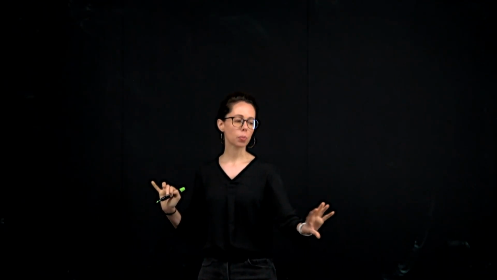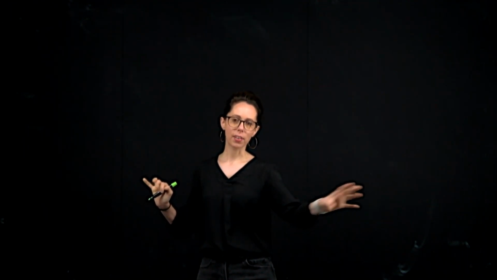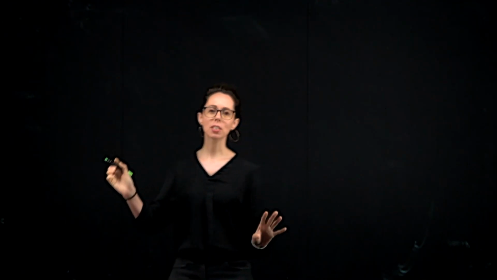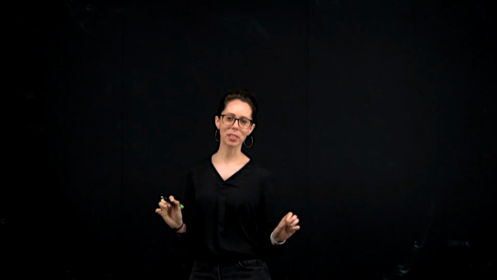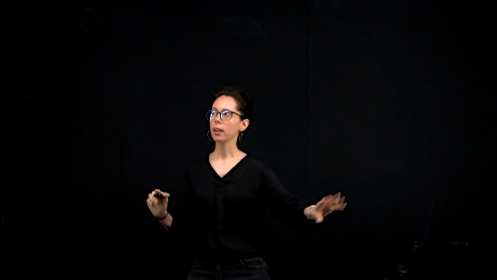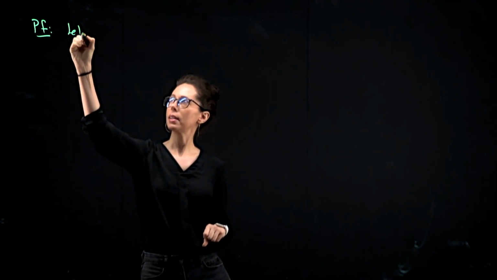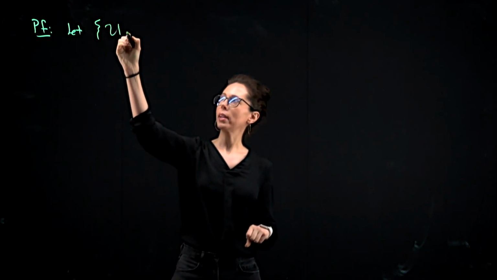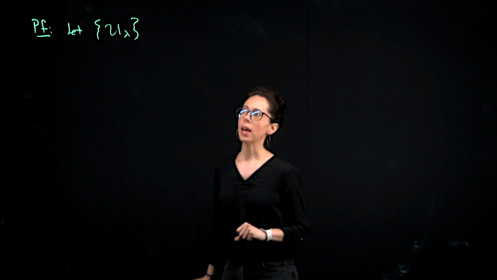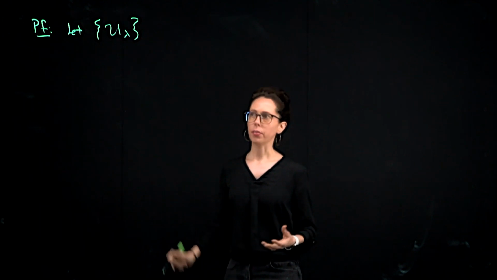And then my ending sentence will be something like, and therefore it yields a finite subcover. Okay, so just like with sequential compactness, the proof we did a moment ago, we are going to start in f of k. We have to start there. The proof: let a random family of open sets be an open cover of f of k.